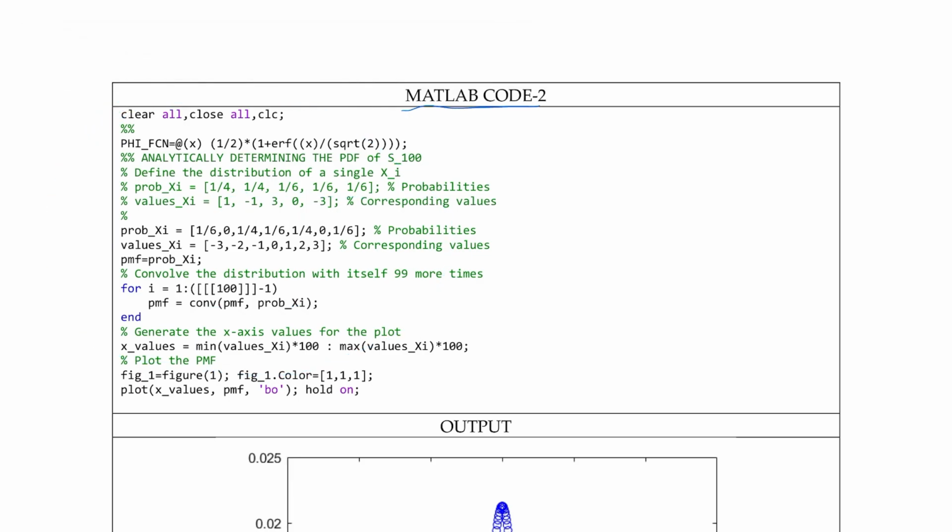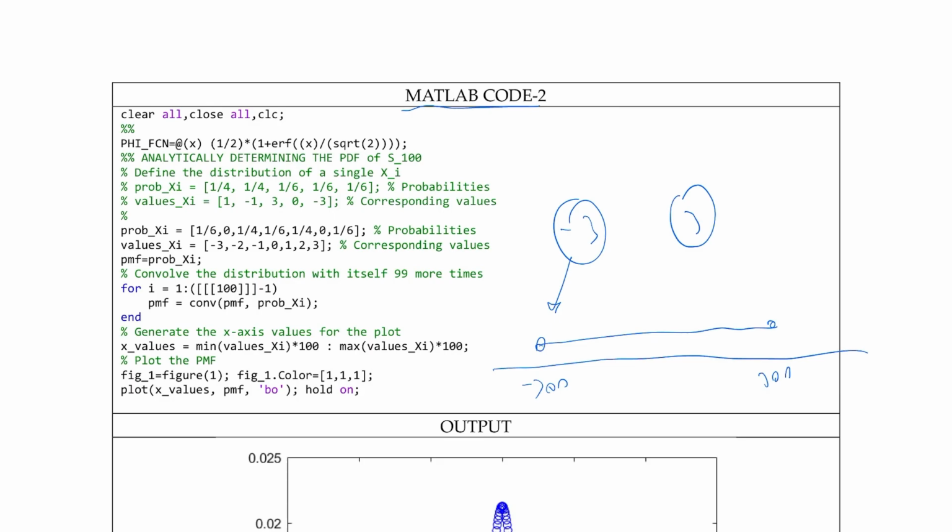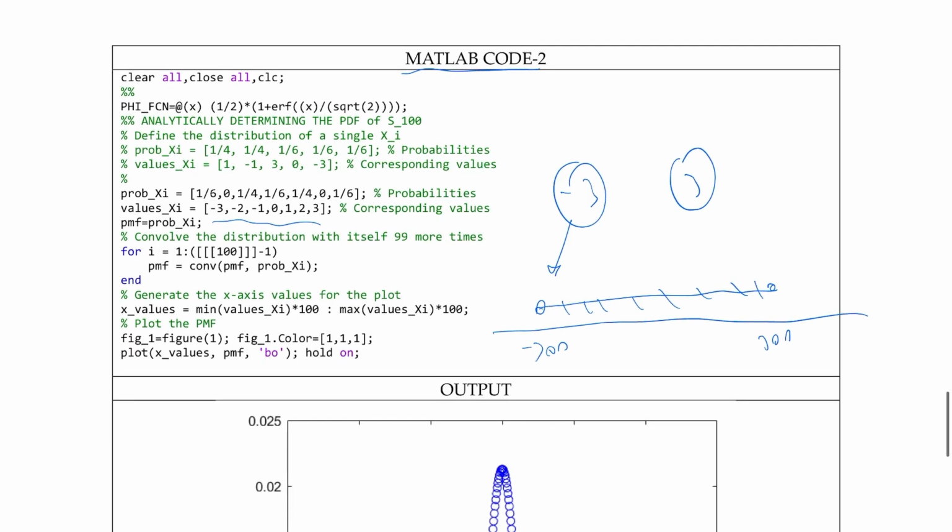We also know that -3 and 3 are the maximum values, and we play 100 times, so at the end of our graph we will have -300 and 300. So it will be between -300 and 300, and it will be integers, right? We don't have any rational numbers here, all of them would be integer numbers, right?